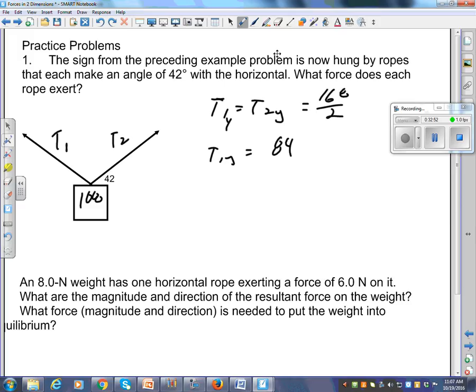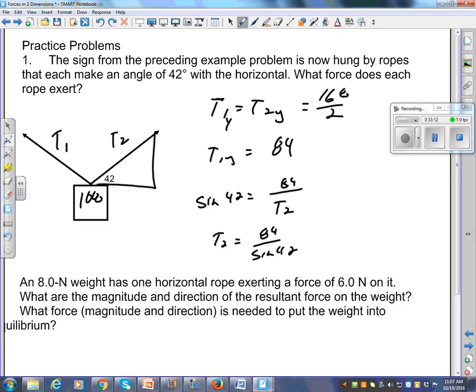So sine 42 is opposite, which is my 84. Hypotenuse is what I'm looking for. I'm going to go T2 this time. It doesn't matter. So it's going to be 84 over sine 42.